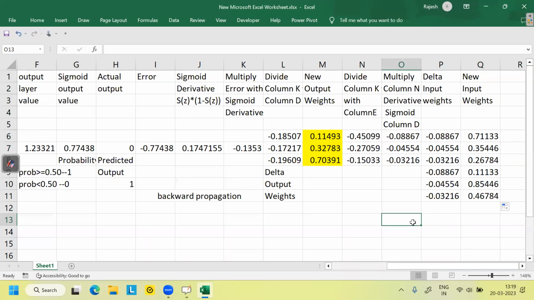Control S. Actual weights, 0.8, 0.2, 0.8.